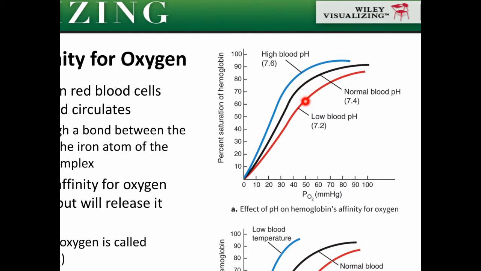Since it is lower, the oxygen will be able to unbind from hemoglobin and be distributed to the tissues. That is actually a very brilliant thing for hemoglobin, because when you need to pick up oxygen, you have a higher affinity for that. When you need to release the oxygen, in the case of the tissues, you have a lower affinity for oxygen. So it actually goes in our favor.